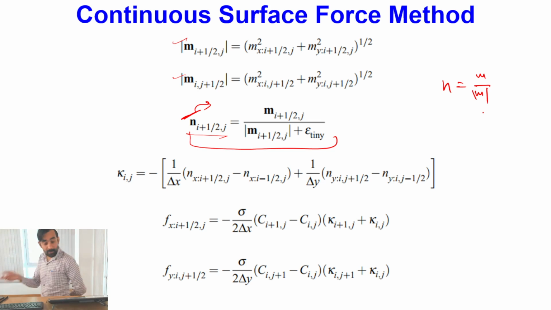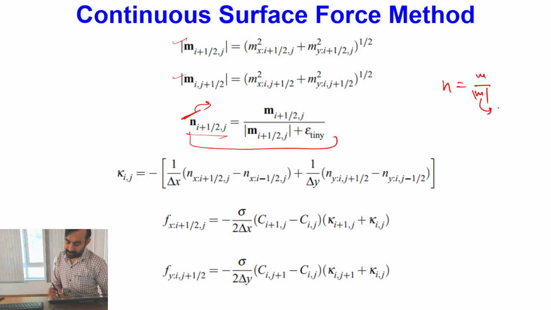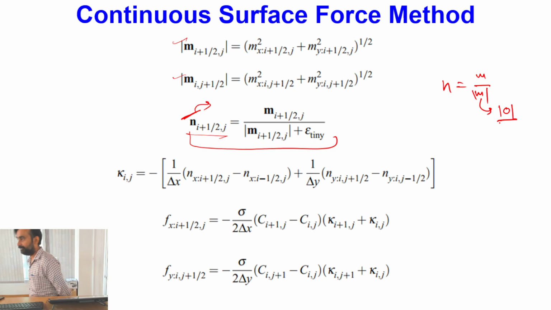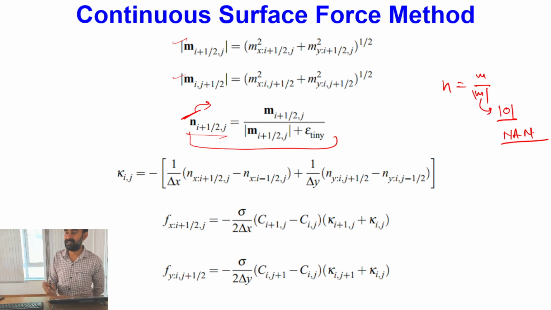So for all these cells, it may so happen that the magnitude of 0 in the denominator becomes an undefined quantity. And while the numerical solver is doing the computation, your code will crash because of this, because the computer will not be able to understand this quantity and it will give an error of NaN. NaN means not a number.